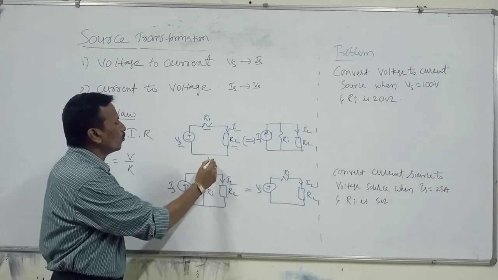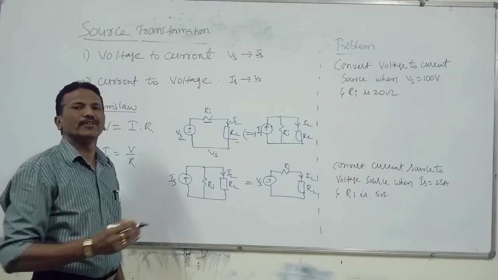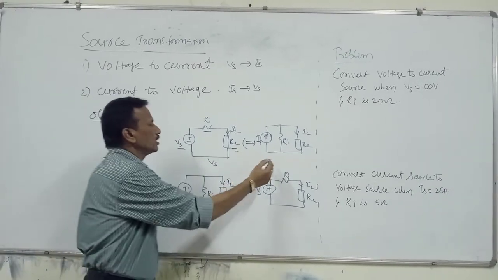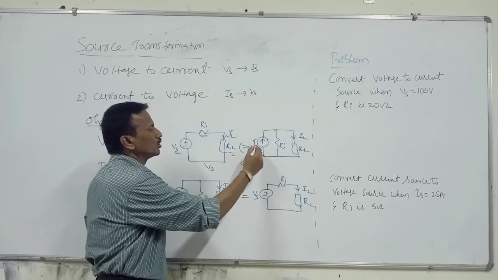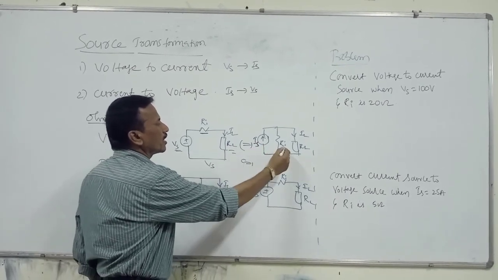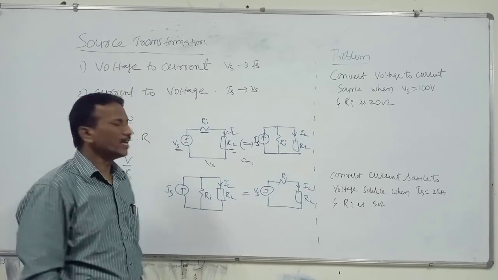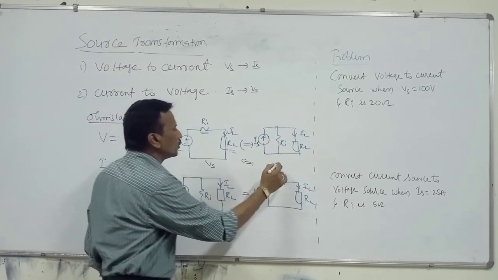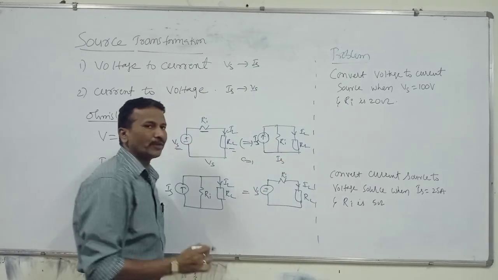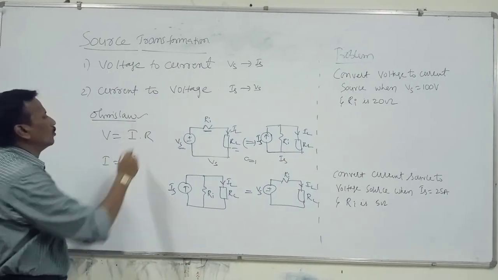So this is the voltage source. We are converting it to the current source, IS with Ri across the load resistance RL. A voltage source is converted into a current source by using Ohm's law.